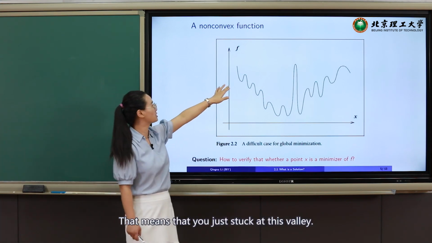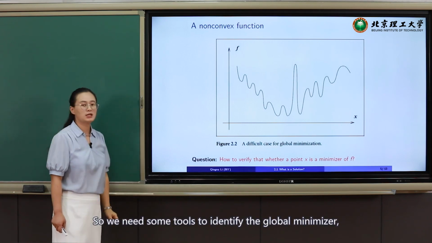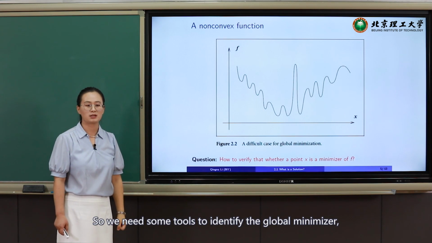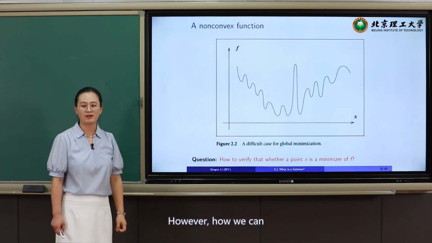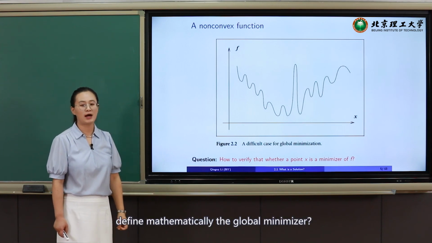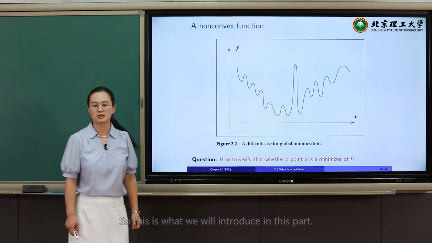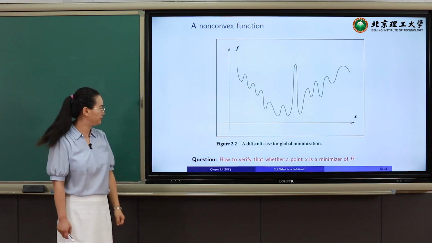That means that you just get stuck at this valley, right? So we need some tools to identify the global minimizer, which is actually a very difficult problem. However, how can we define mathematically the global minimizer? So this is what we will introduce in this part.